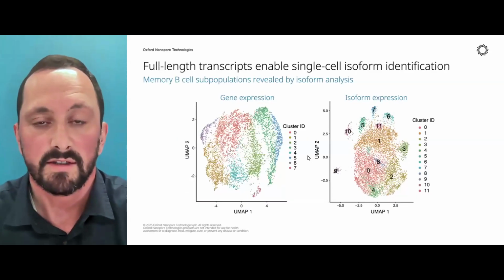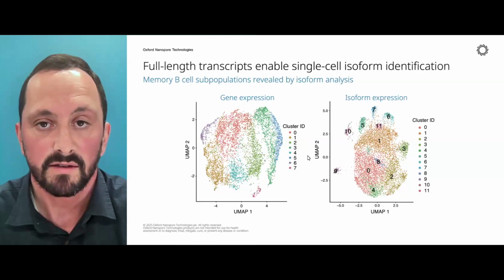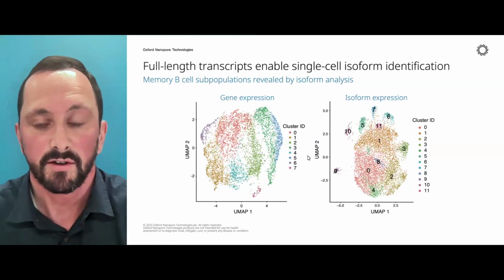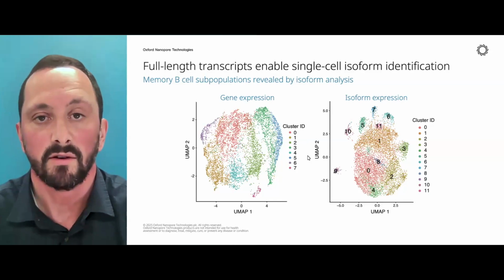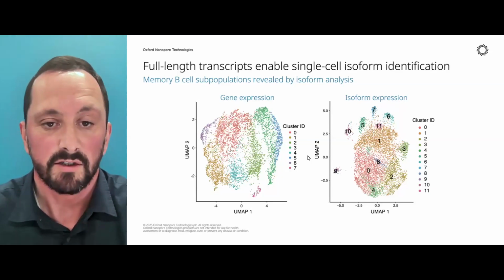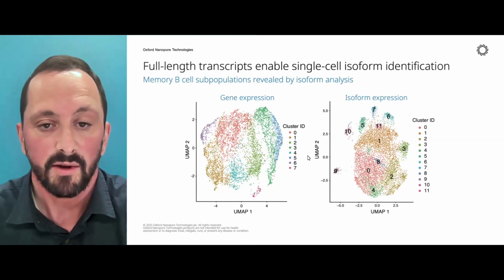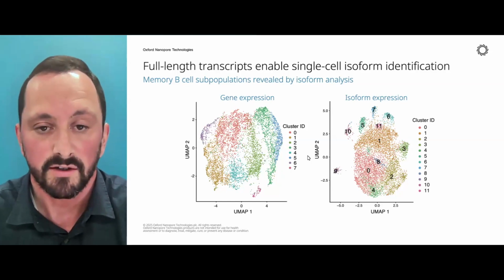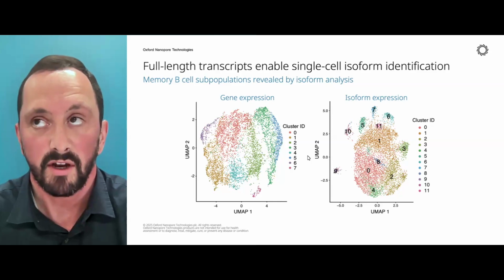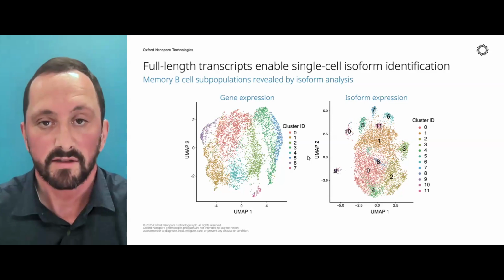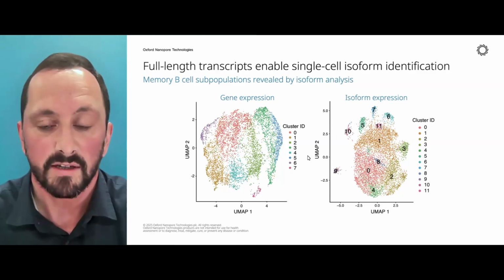For example, this is our memory B cells, and we can look at the clustering based on gene expression and also isoform expression. If we just look at the gene expression, this is similar to what you would get with short reads. You have some clustering, but the advantage of having Nanopore full-length transcripts is that you can also look at isoform expression from the same data set.